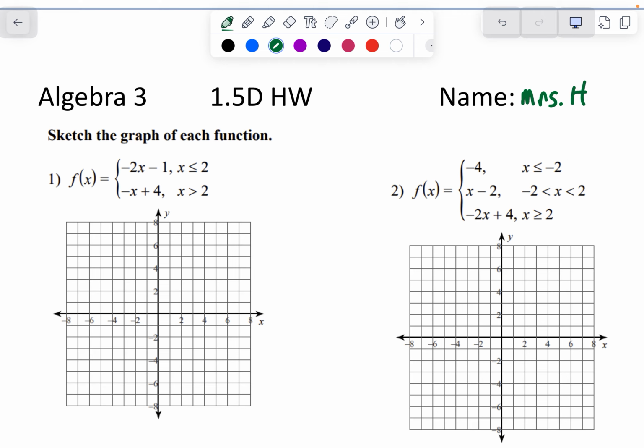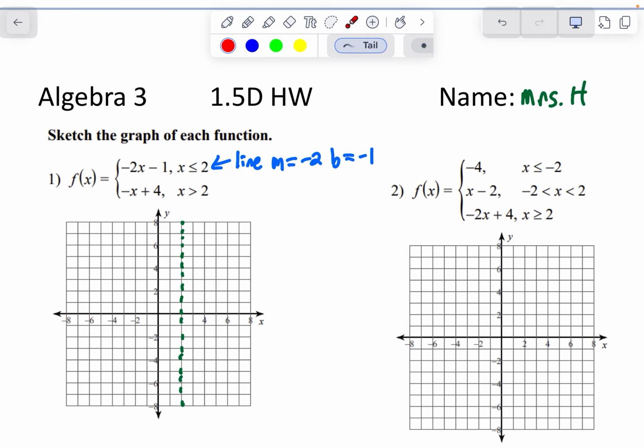Okay, let's take a look at number 1. Okay, so we've got 2 lines. What is the border line? 2, so let's put the 2 down. I always put my border first, just so then it kind of keeps me in check as to where things are at. This one is just a line with a slope of -2 and a y-intercept of -1.